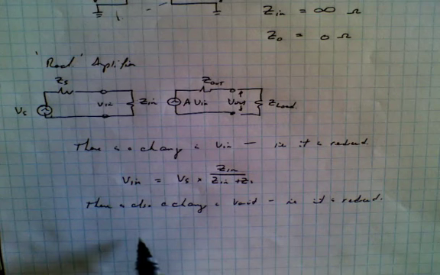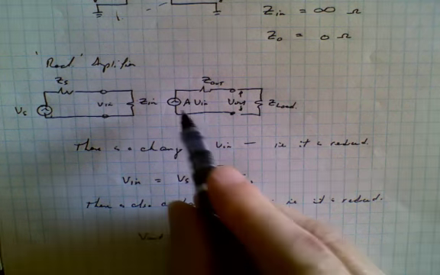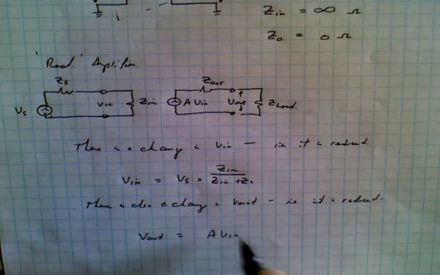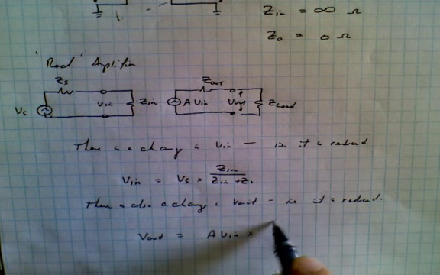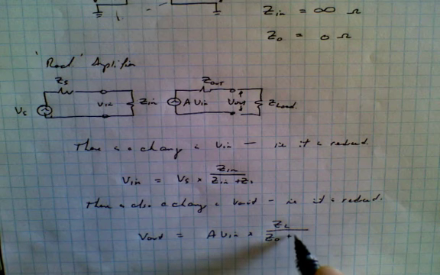And we can calculate that handily. Vout is equal to the signal coming in, A Vin, times, now the voltage divider, Z load, divided by Z out plus Z load.